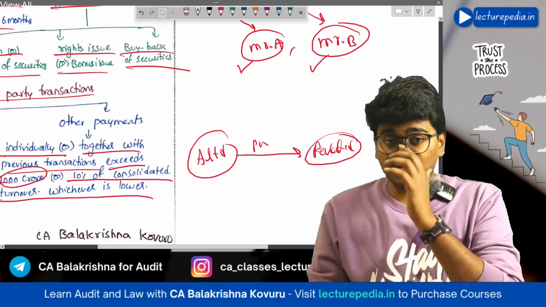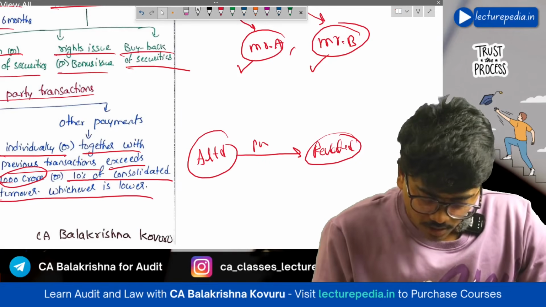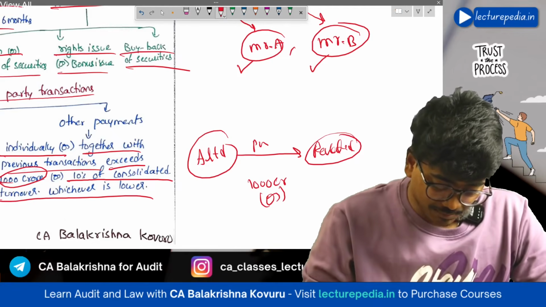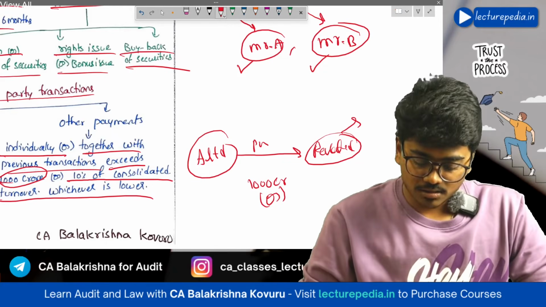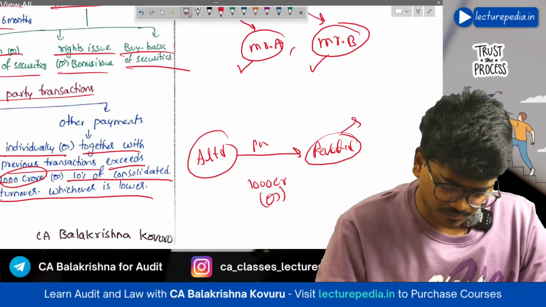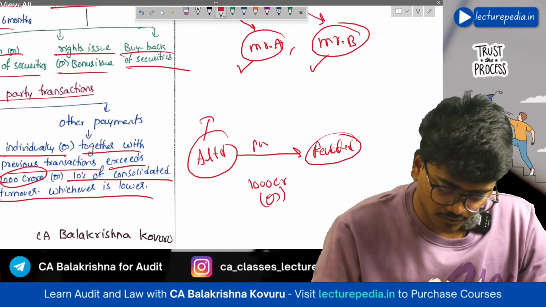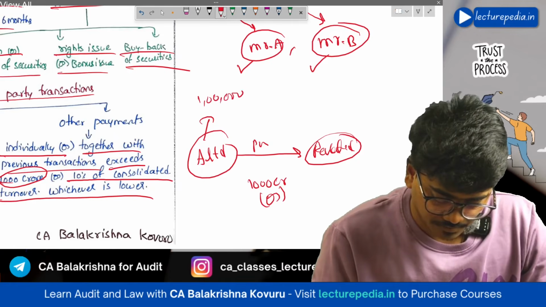Now in this situation, if this purchase amount exceeds 1000 crore or 10% of consolidated turnover, let's say, you have to take only the turnover of A Limited. Let's say the turnover of A Limited is some 1 lakh crores.